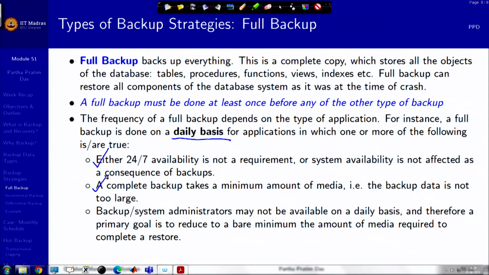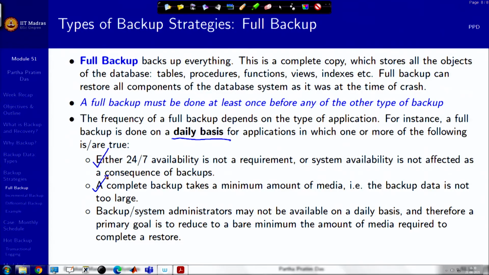The other is naturally how much media do you need. If you do a backup on a daily basis and your backup requirement, say, is 2 terabytes, then you can think of how big a media you will need in a year, over 366 days.